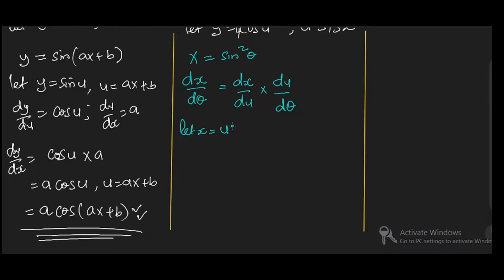Something else we should know is that sine squared theta is the same as sine theta squared. These are the same things. That's why we are letting x be equal to u squared, and our u here is sine theta.